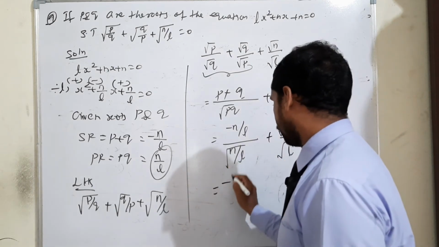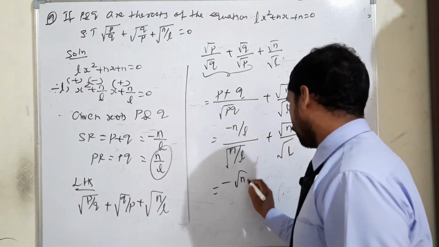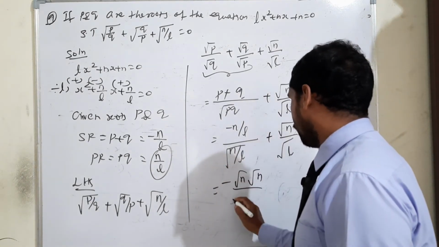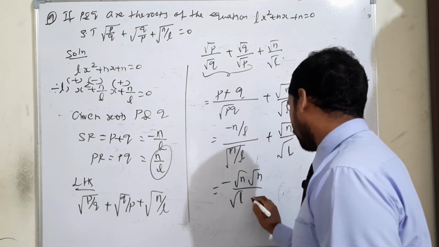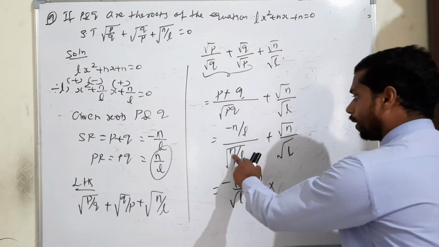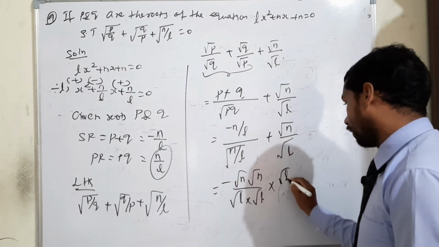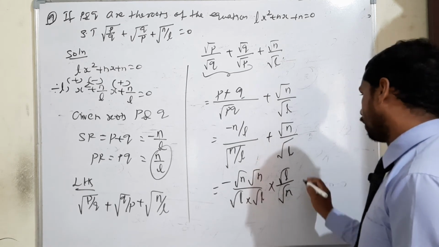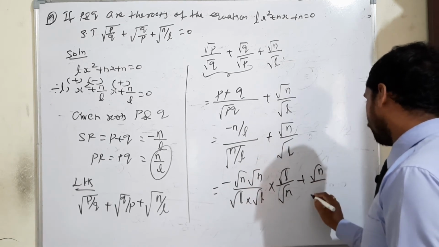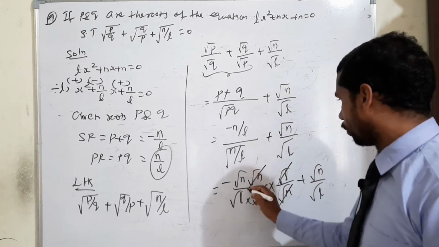For the first part, instead of n we can write root n into root n, divided by the denominator, which we can also write as root L into root L. Taking the reciprocal, root n divided by root L becomes root L by root n, again plus root n by root L. Now root L cancels, root n cancels.